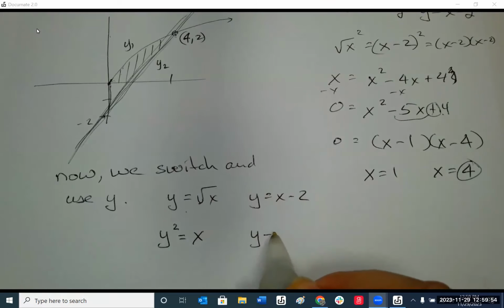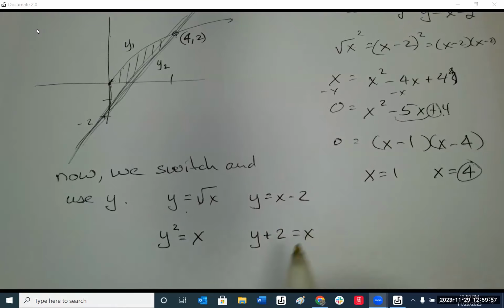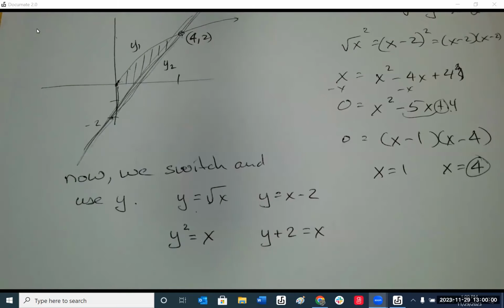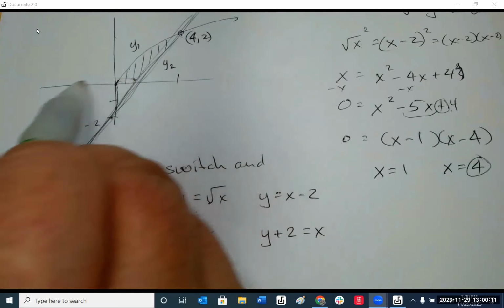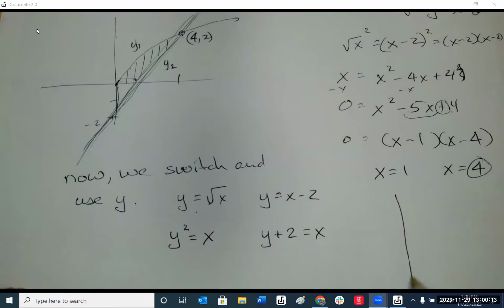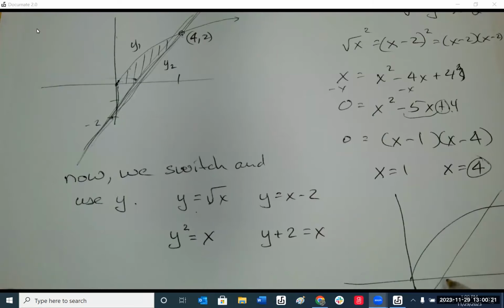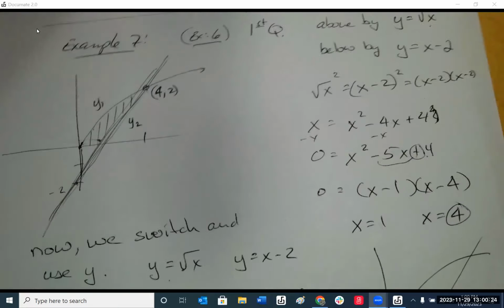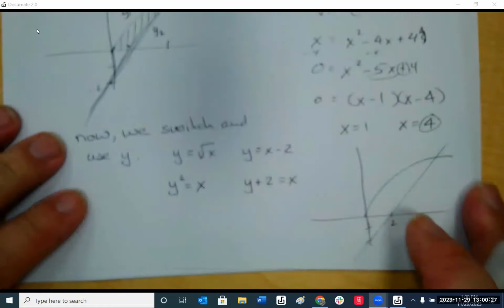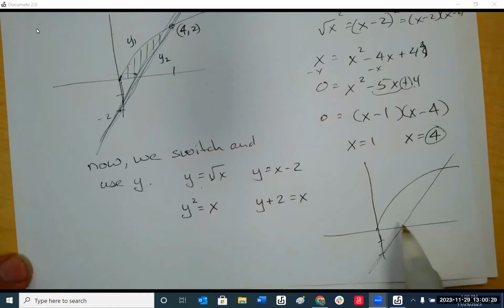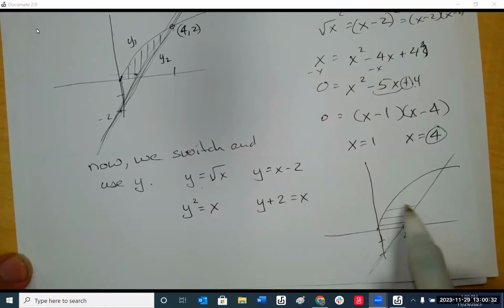This one is y plus 2 equals x. Okay, now our integration, we're looking at it this way.